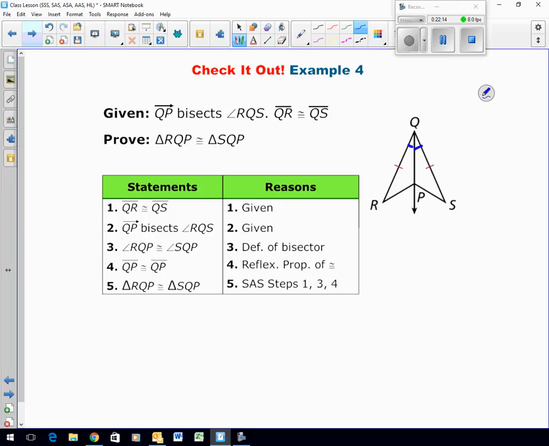And QP, in this particular example, by the reflexive property, is congruent to itself in the 2 triangles. Side, angle, side. Right? Okay.